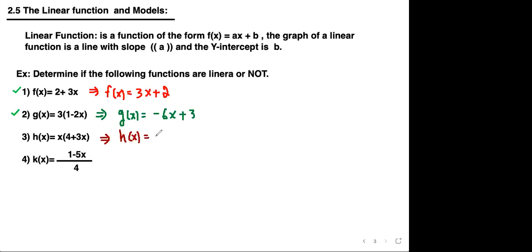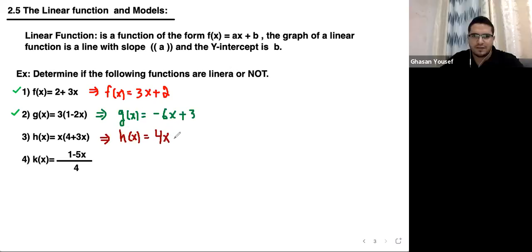It would be 4x plus 3x squared. Here we have exponent 2. What does that mean? Is it linear? No, it's not linear. This is not linear because we have a variable raised to the power 2. This is a quadratic, yes.